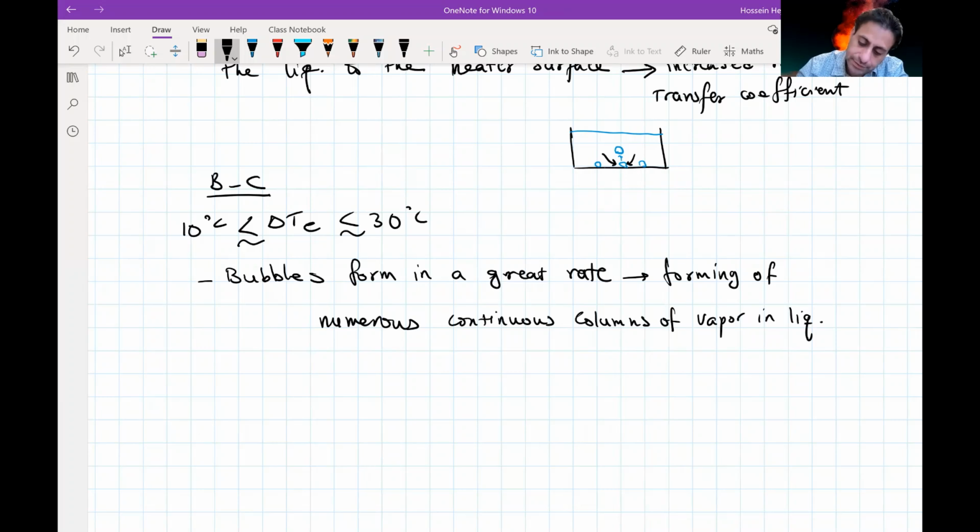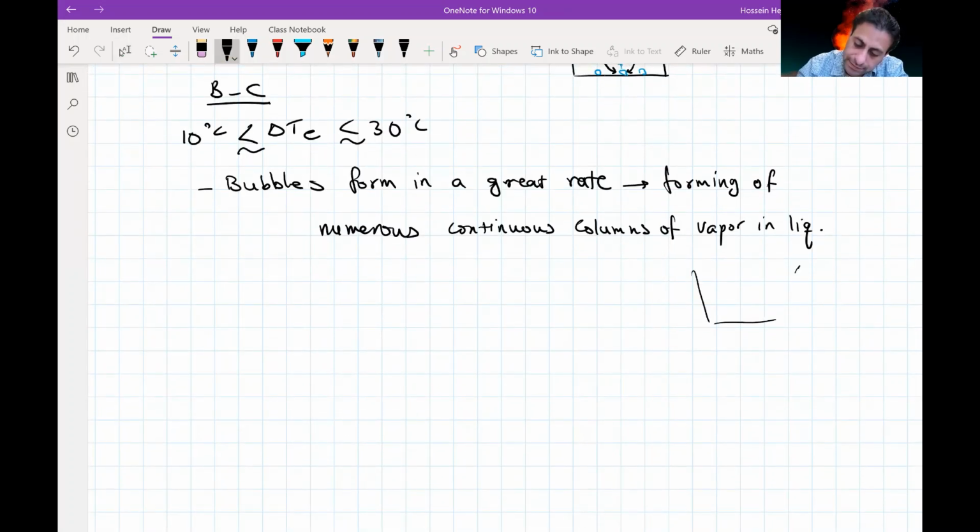In this regime, the bubbles are forming and reaching the surface. You see a lot of these columns with many bubbles forming and rising.